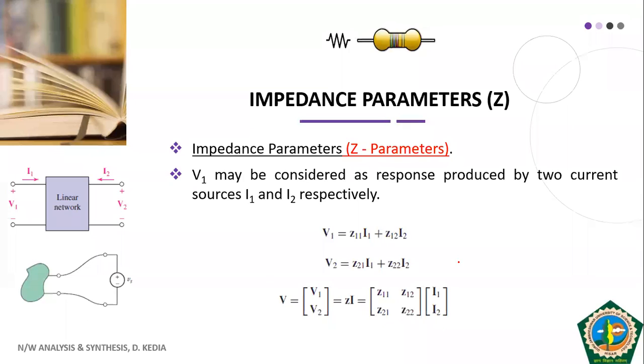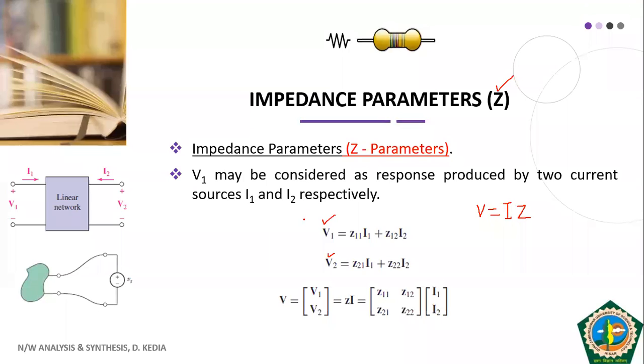Your impedance parameters are represented with the help of Z, and you all know impedance is represented by Z, and these can be represented through a generalized equation. We know that V is equal to I times Z. So whatever defining equations we have for Z parameters, you can say voltage is expressed as a sum of I1 Z1 and I2 Z2.